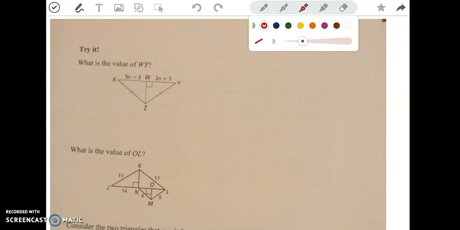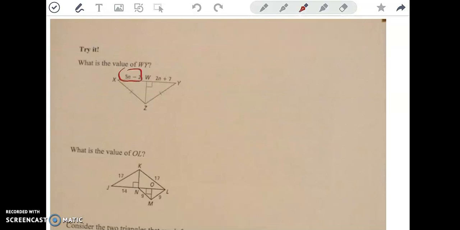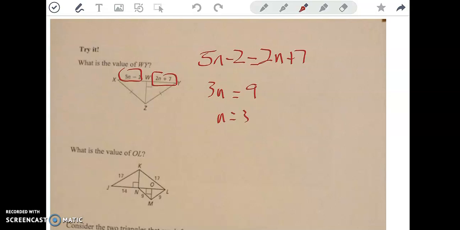Okay, so in this situation, we just set these equal to each other. So we have 5n minus 2 is equal to 2n plus 7. Subtract 2n, and we get 3n is equal to 9, n equals 3. So then it's asking for WY, which is this portion here.